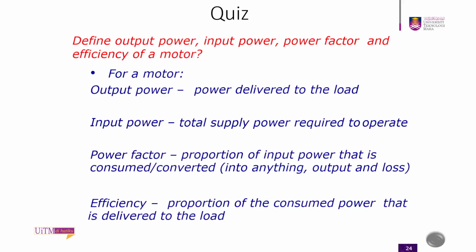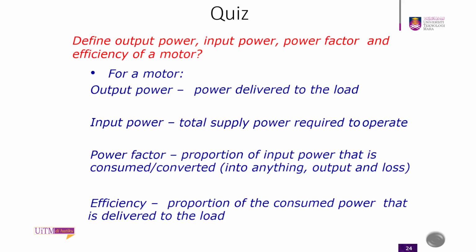So the definition of output power can be the power delivered to the load. And if you look into the input power, the total supply power required to operate. So that will be the input side, the amount of power that is available at the input side. And then output power is power delivered to the load.